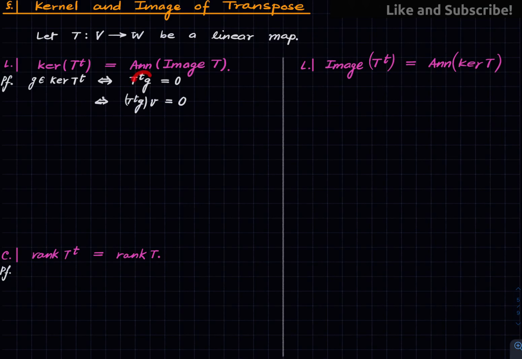T transpose of G is an element of the dual of V. So this is 0 if it kills every element of the vector space V, which by definition of the transpose is same as asking G of T(v) is 0 for all vectors v. Which, note that, is same as saying G annihilates the image of T.